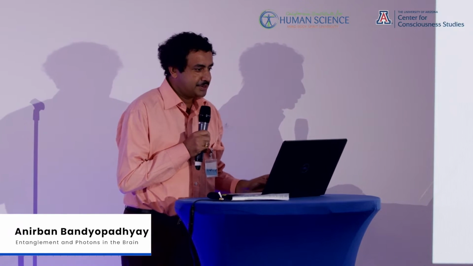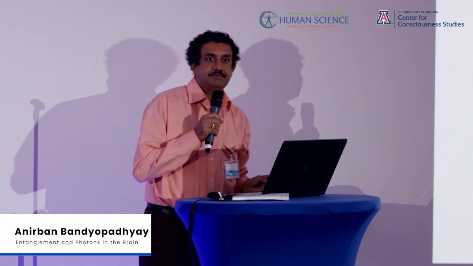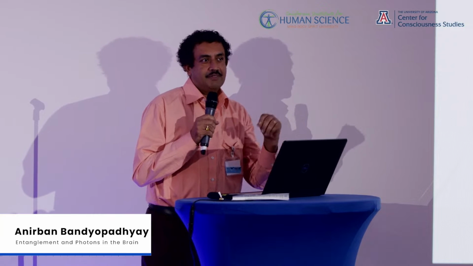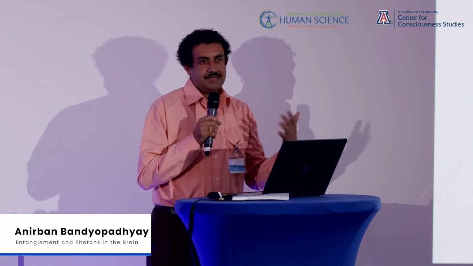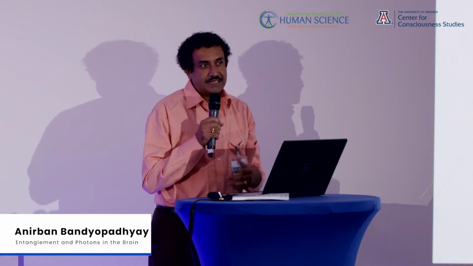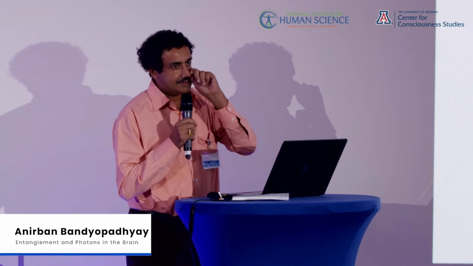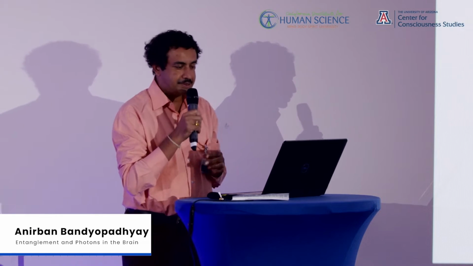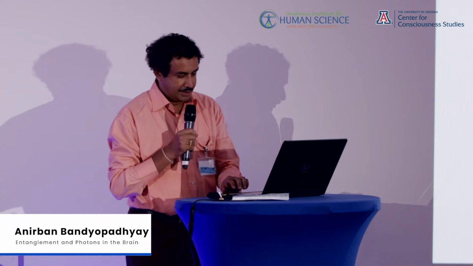So today I'm going to talk about optical effect on microtubules, neurons and proteins. Primarily, we would like to test quantum properties of these materials, and I would try to be as simple as possible.